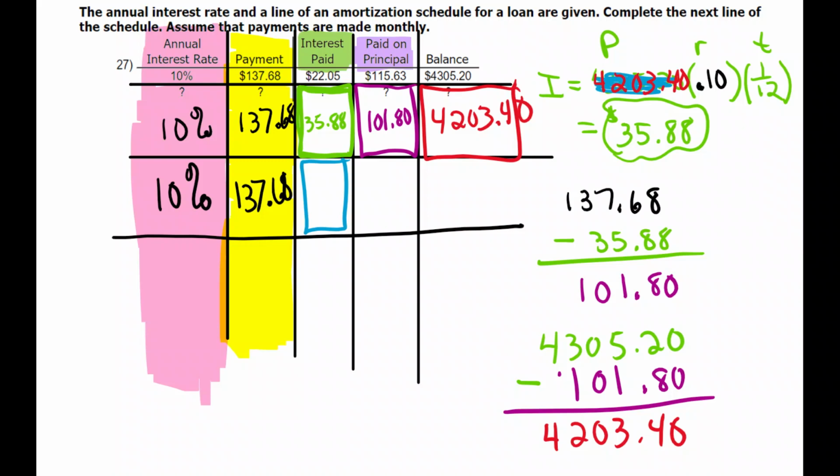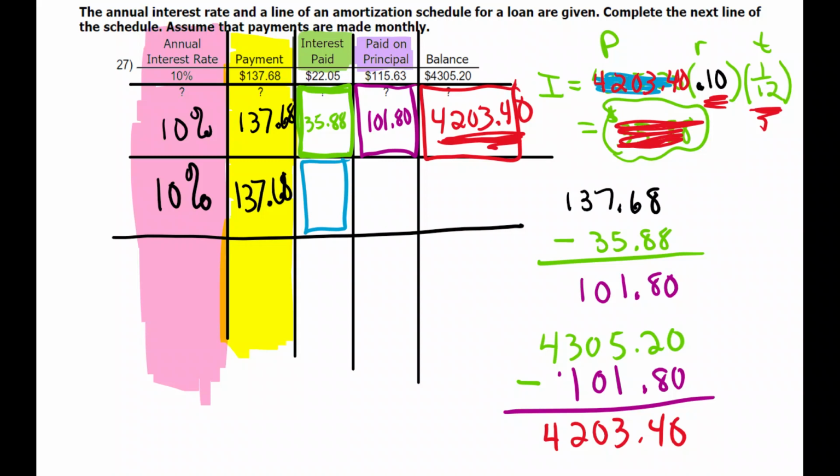That's my new balance. So you have to use your new balance right here times the 10% times the 1/12, and that's not going to be this number. It is going to be, oh, I haven't done this one yet. So grab my calculator.